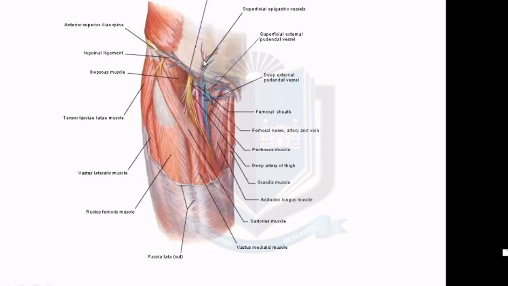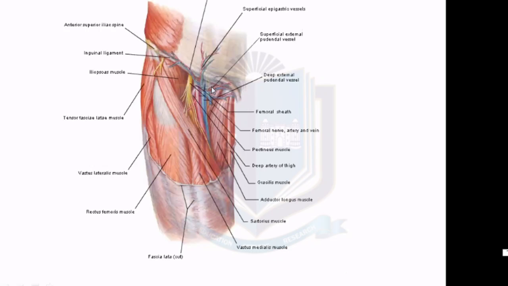In the superficial, there are superficial epigastric to the lower central part of the abdominal wall, superficial external pudendal that would be going to the external genitalia, and superficial external iliac that would be going laterally to the iliac crest region. The 3 deep branches are the muscular branch to the muscles of this area, then the profunda femoris, similar to that of profunda brachii in the upper limb, correct?